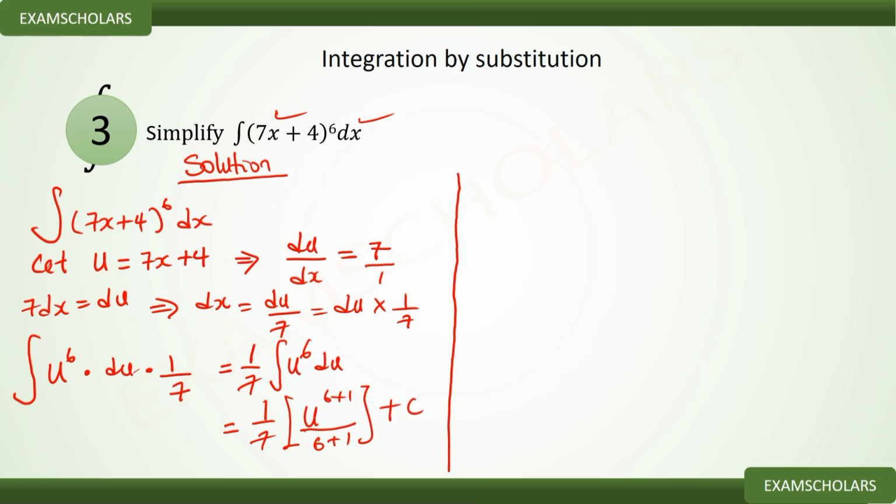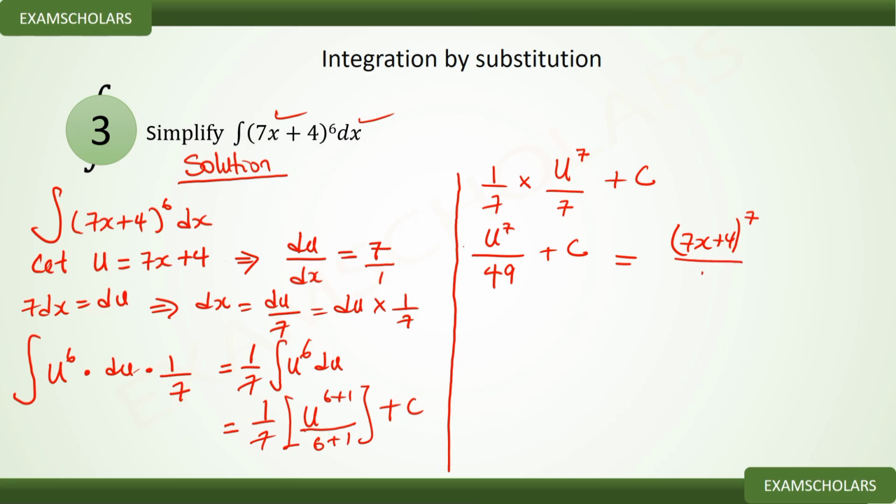You have 1 over 7 times u^7 over 7 plus a constant, which gives u^7 over 49 plus a constant. What is u? u is 7x plus 4, so the answer is (7x plus 4) raised to power 7 over 49 plus a constant.